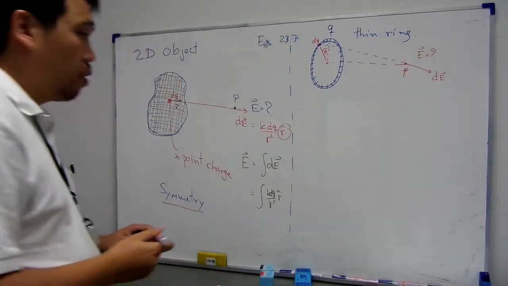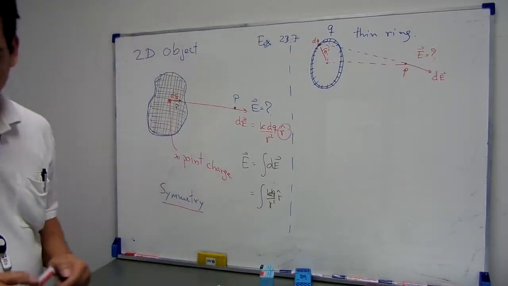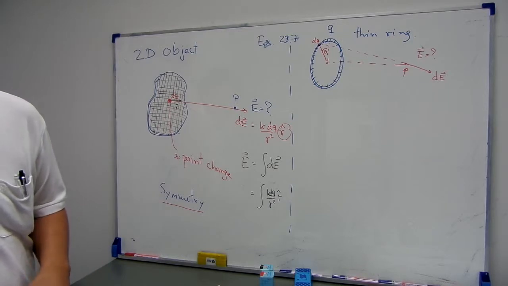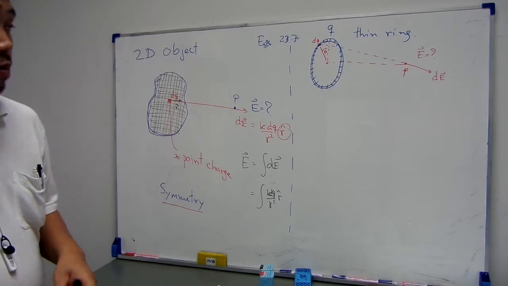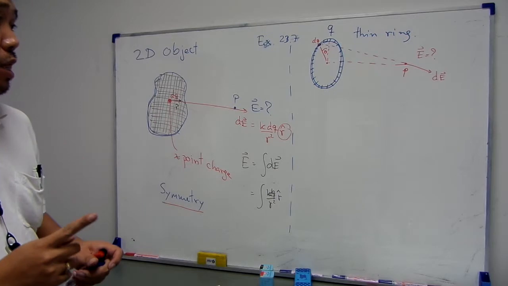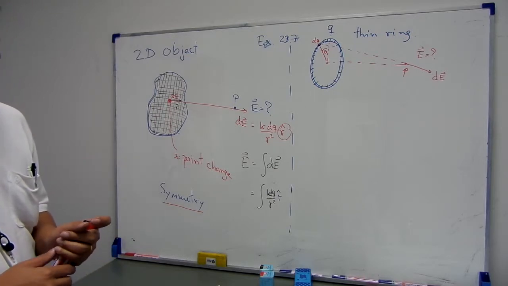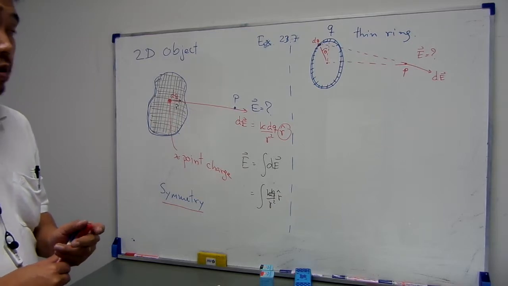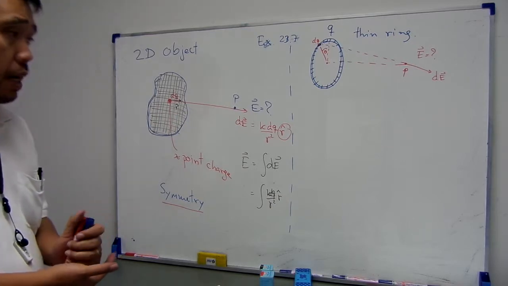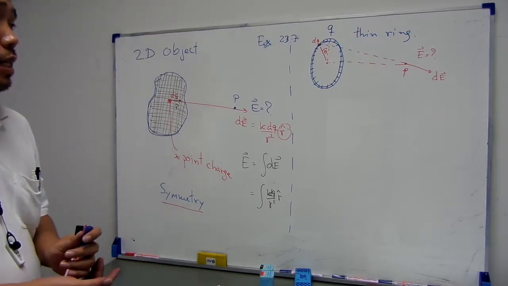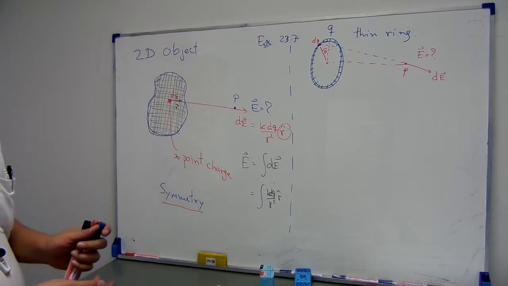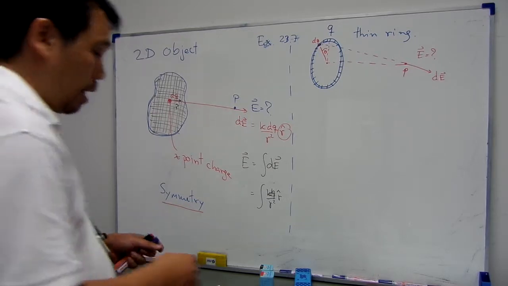But before we go to the mathematics, before we do this integration, we can use the symmetry to reduce the calculation. How can we do that?